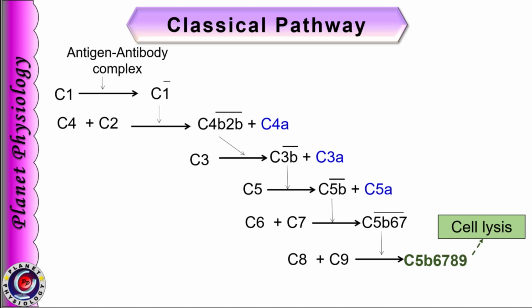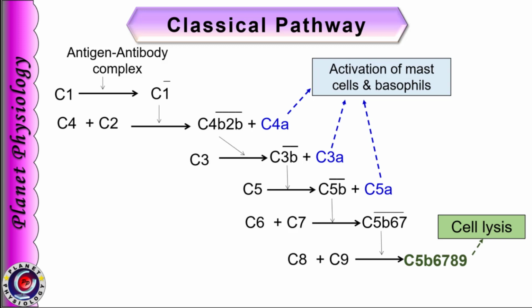This complex forms pores in antigens and induces osmotic lysis in the same way like your cytotoxic T cells. Complement products C3a, C4a and C5a activate mast cells and basophils to produce inflammatory response.